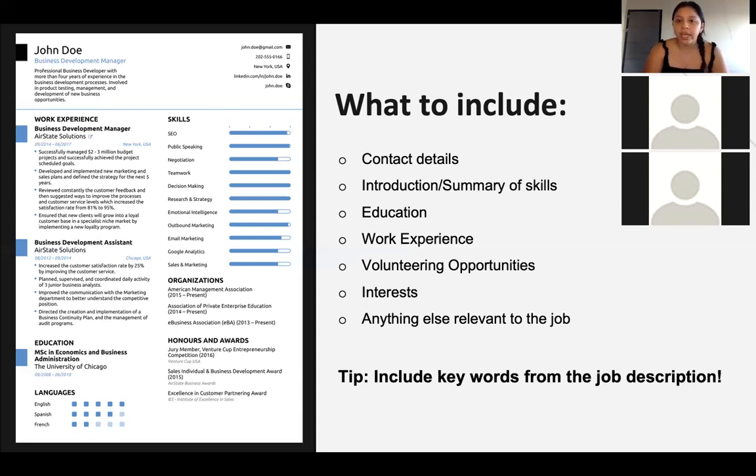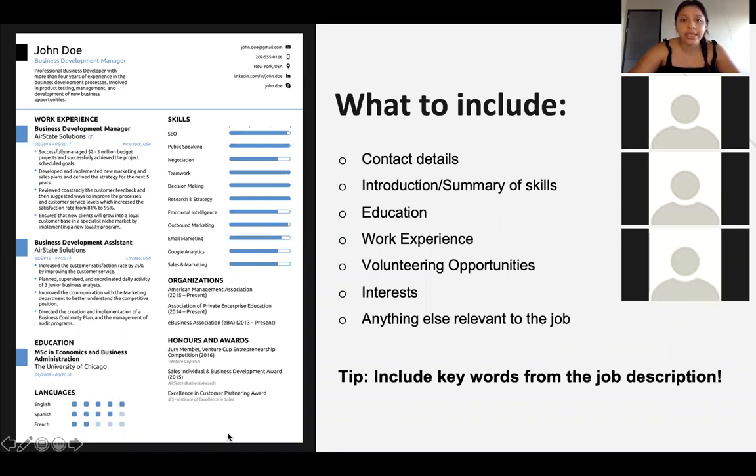For example, sometimes job postings are looking for people that are bilingual and know French or Spanish or things like that. So in this resume, he has included the languages he knows because that's probably relevant for the job he's applying for.